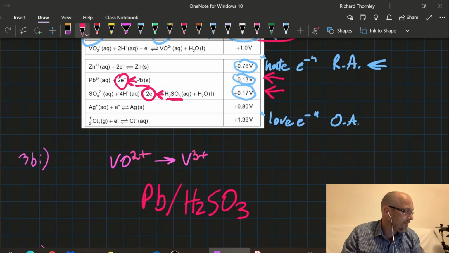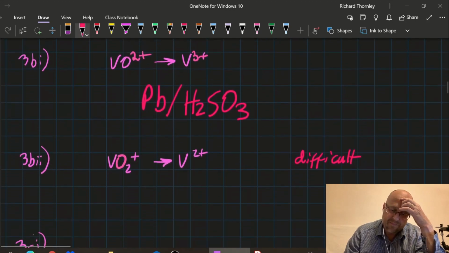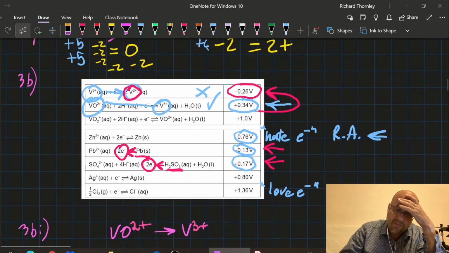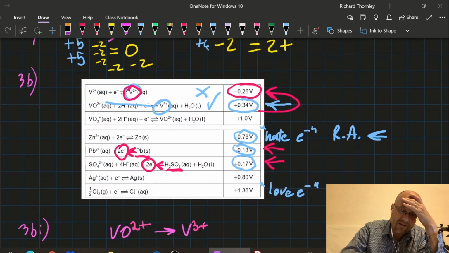Next up, difficult. Yeah, it was difficult, what they said. So let me tidy up my chart here.